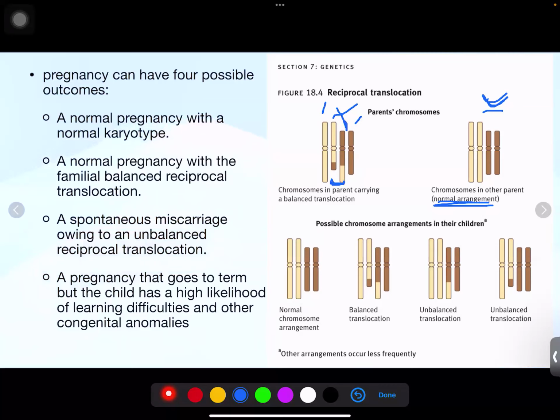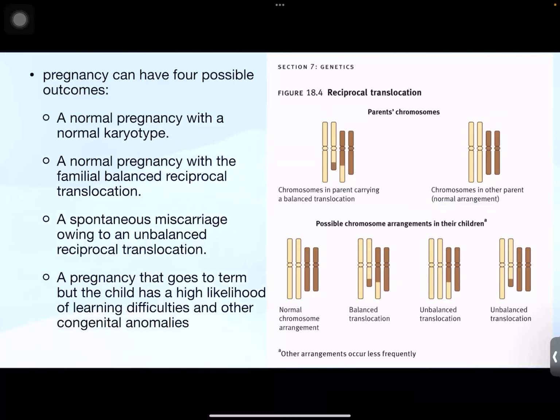These two are non-homologous chromosomes. They are not similar. So what happens is that genetic material is exchanged between these two chromosomes. This dark brown has to be here and this light yellow has to be here. So this is the reciprocal translocation of genetic material.